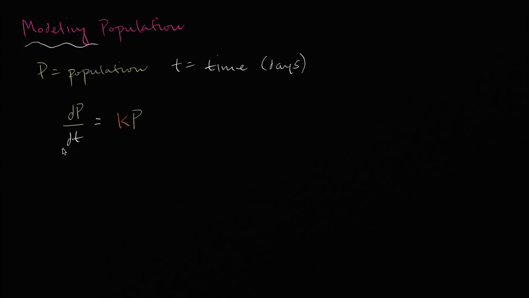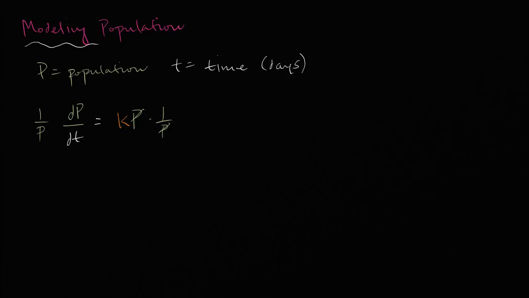We want to put all the P's and dP's on one side and all the things that involve t, or that I guess don't involve P, on the other side. So we could divide both sides by P. You have 1 over P here, and then those will cancel.